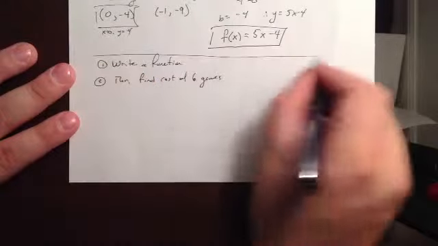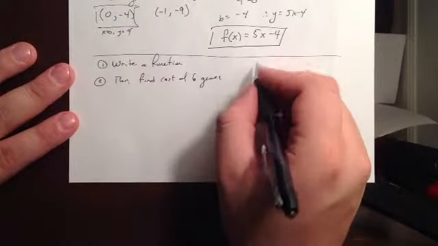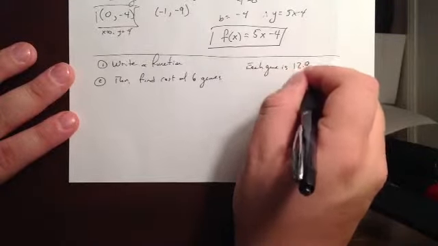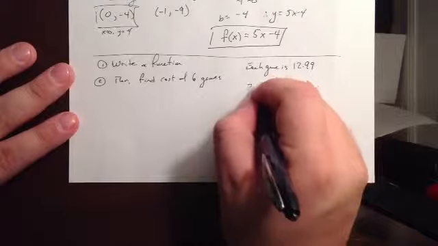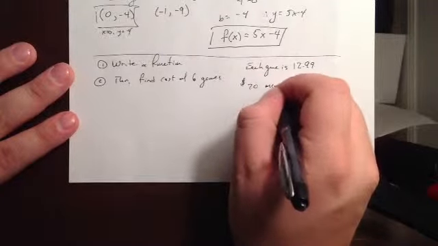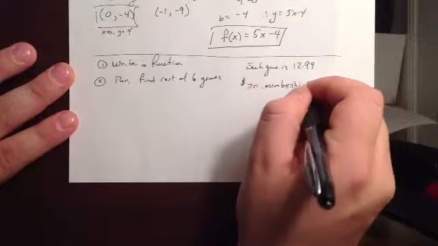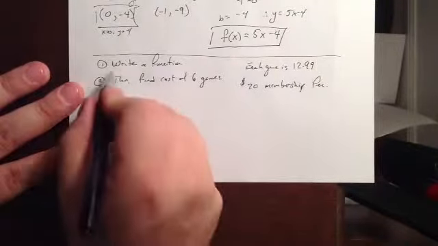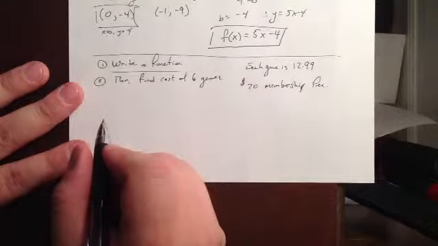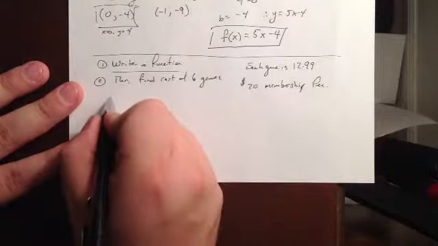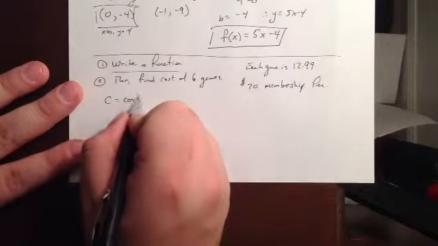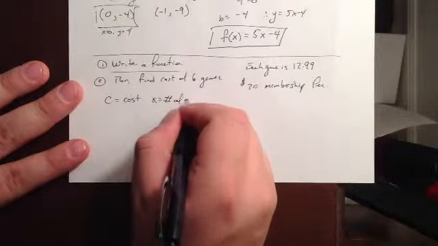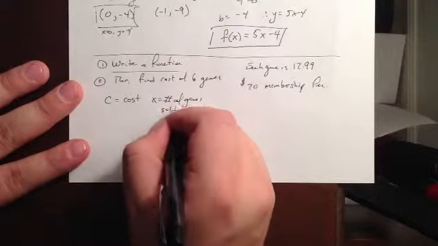We'll note some important information, namely each game is $12.99 and there's a $20 membership fee. Therefore, a rule that would tell me how much things cost, maybe I say C equals the cost, and x equals the number of games sold.